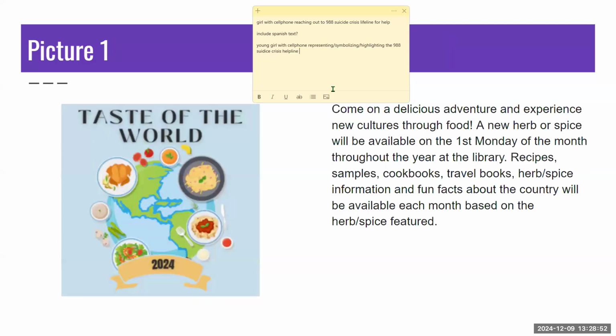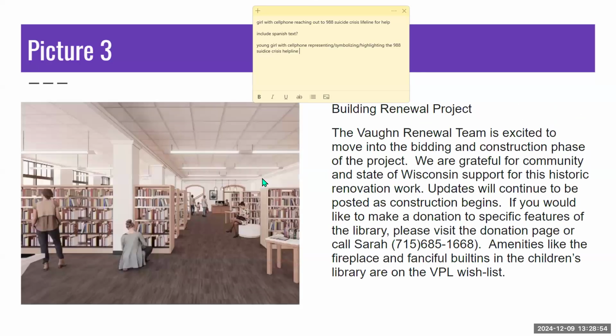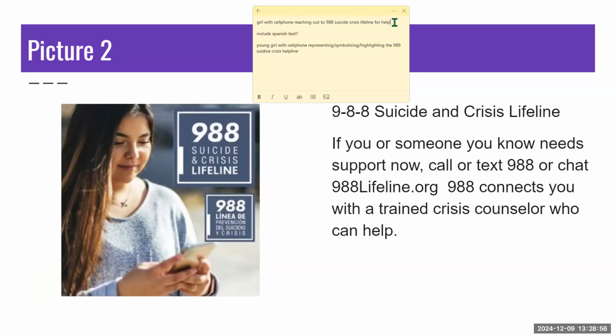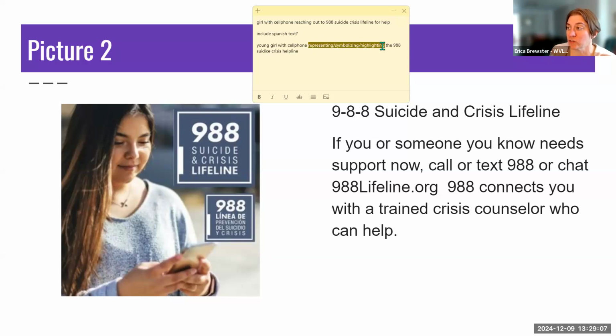I did put cell phone. Sometimes I don't even put certain words in, to see what the AI part actually sees. And what I do like about what the AI added is the idea of whether this is somebody who is using the hotline.